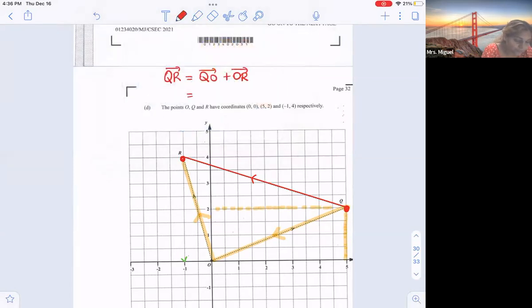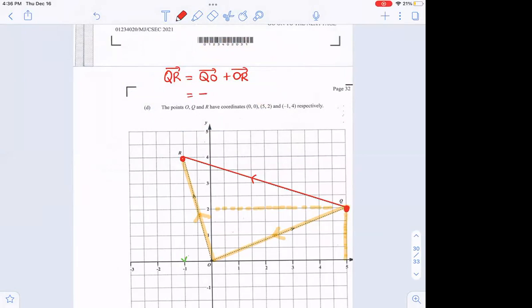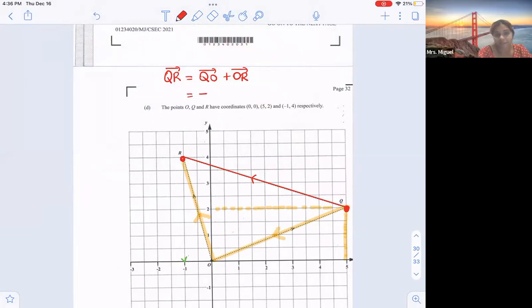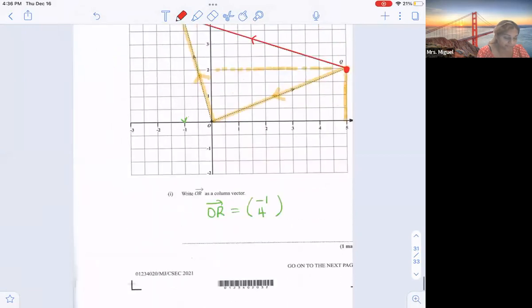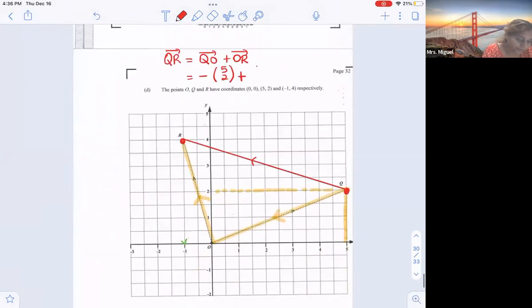So this would be negative, because if we go from O to Q, it's positive 5, 2. So QO will be negative 5, negative 2. And the vector OR, we just worked out, was negative 1, 4. So work out negative 5, negative 1, negative 2 plus 4. Tell me what you get.